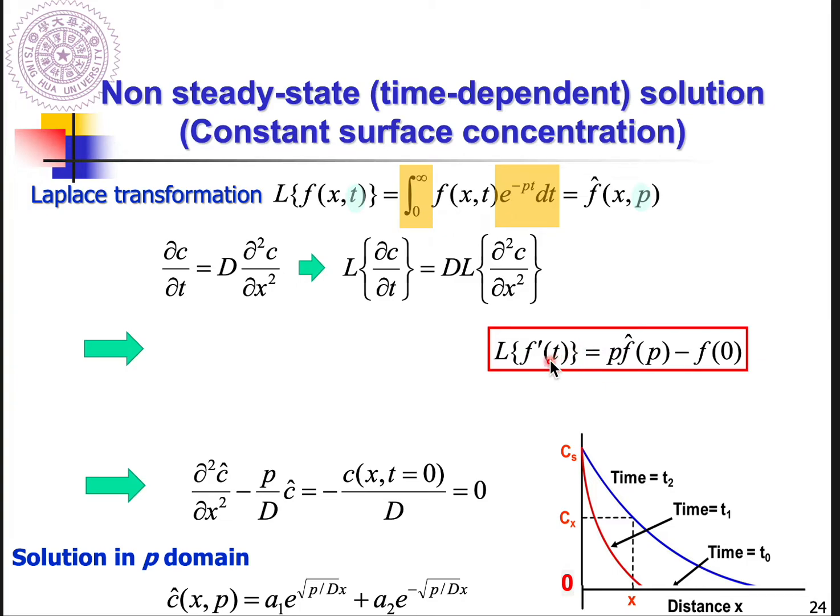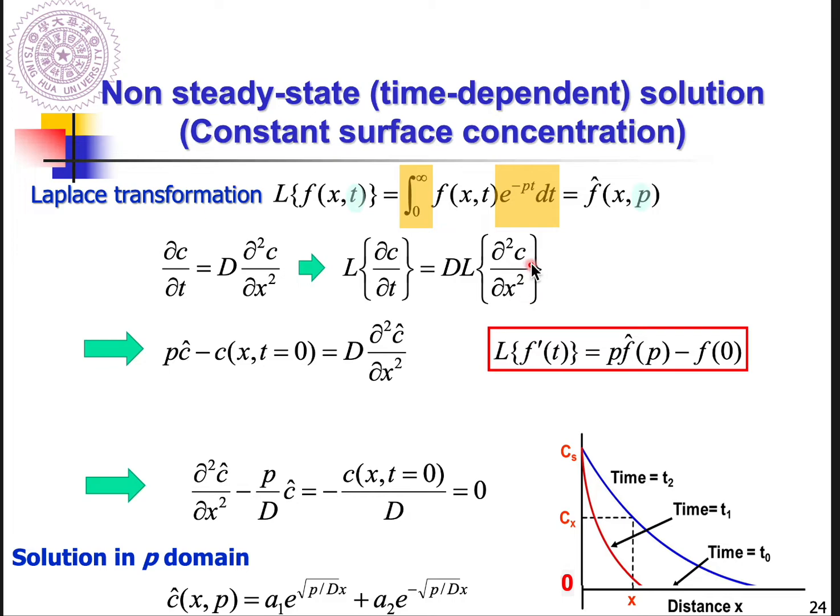So we just use the same technique to deal with partial c partial t. We replace f with c: p c hat minus c at t equals 0. And on the right-hand side, the diffusivity is constant, so we take the diffusivity out.